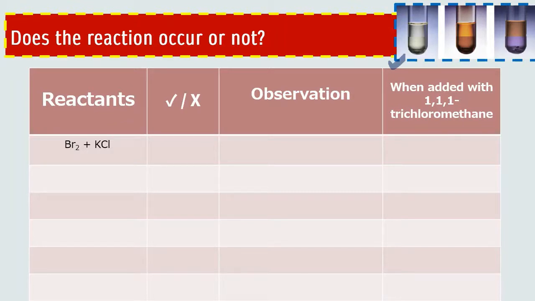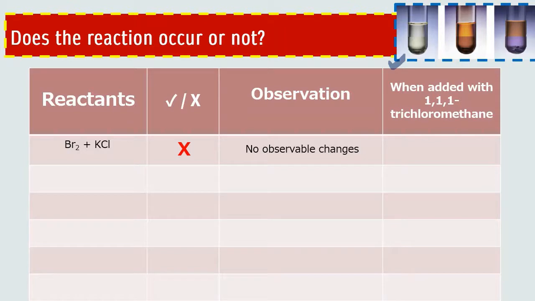Because bromine is less reactive than chlorine in the halogen series, this reaction won't occur. Because the reaction doesn't occur, there are no observable changes.